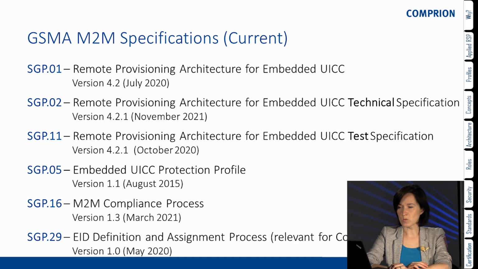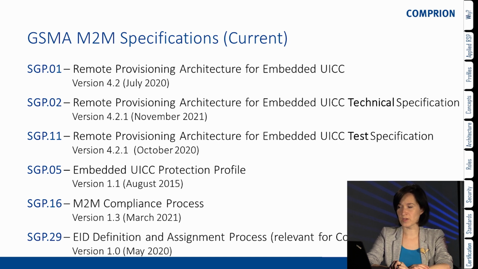The implementation of these requirements was done in the SGP02 specification, which is the Remote Provisioning Architecture for Embedded UICC technical specification. Since version 4, we have 2 new components defined in the architecture: the M2M service provider, and the device itself is considered.